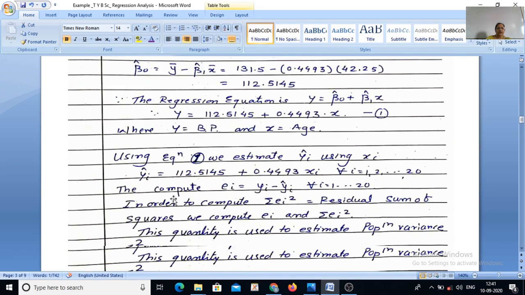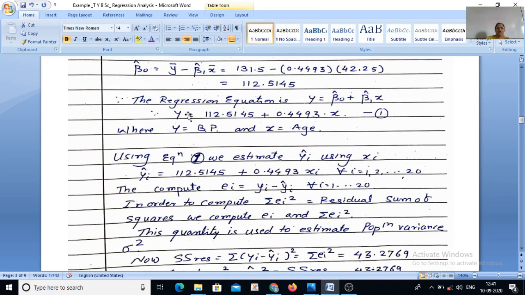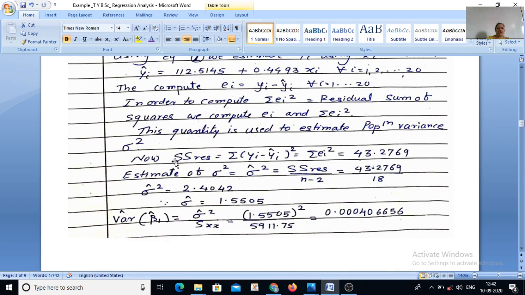Using equation 1, y is equal to 112.5145 plus 0.4493x, by putting different values of x, I will get yi cap, and once I get yi cap for 20 values, I can compute the summation of ei square, which we call the residual sum of squares, the summation of y minus y cap squared, equal to the summation of ei square, which is 43.2769.